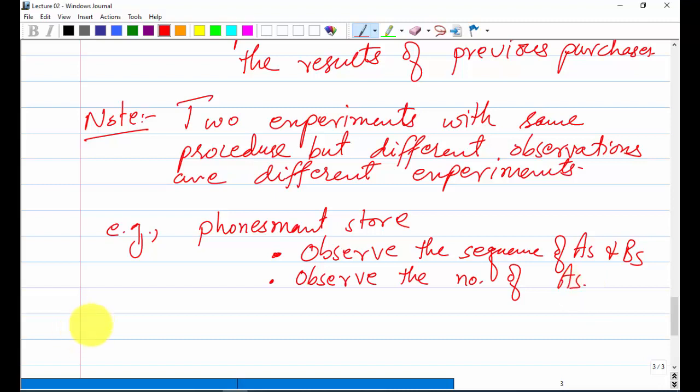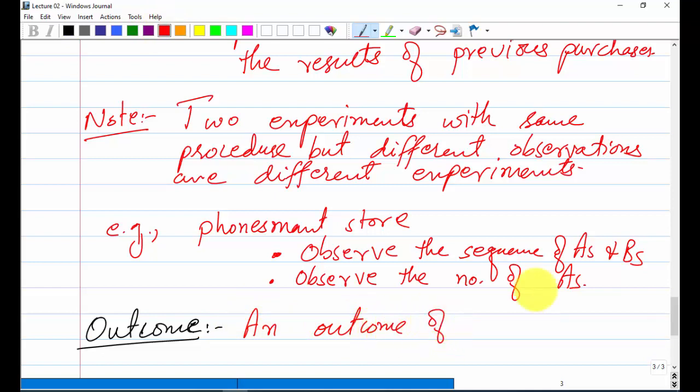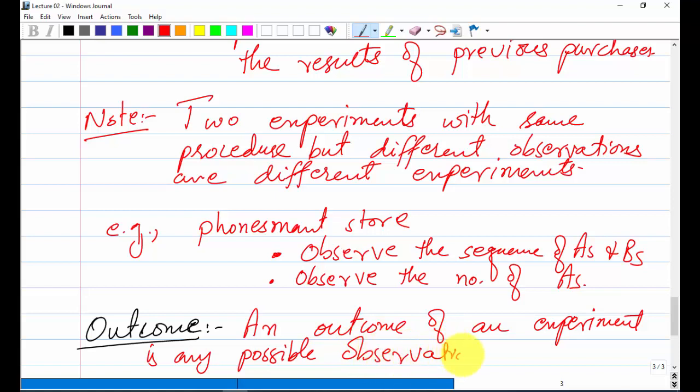Next we will move to another basic definition: outcome. An outcome of an experiment is any possible observation of that experiment.